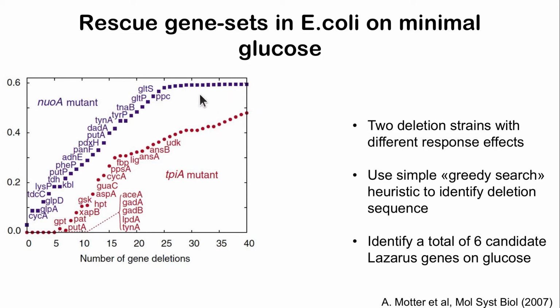is quite close to the original fitness, because what you're doing here is the cell is lazy. It wants to change as little as possible, and so it's going to maybe use some very inefficient pathways in order to be able to maintain fluxes through the other pathways it was using before.